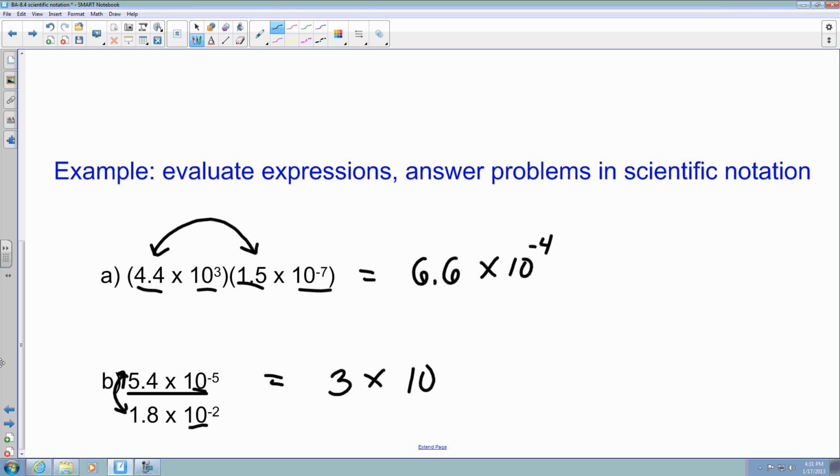So I have a negative 5 minus a negative 2. And negative 5 minus a negative 2 equals a negative 3. So 5.4 times 10 to the negative 5th divided by 1.8 times 10 to the negative 2 equals 3 times 10 to the negative 3rd.